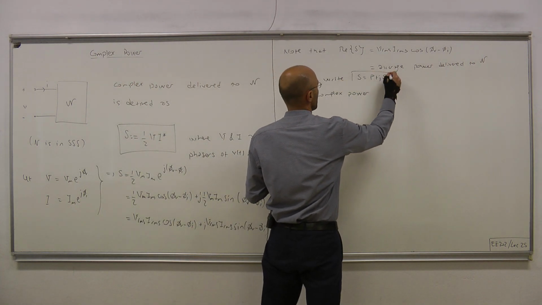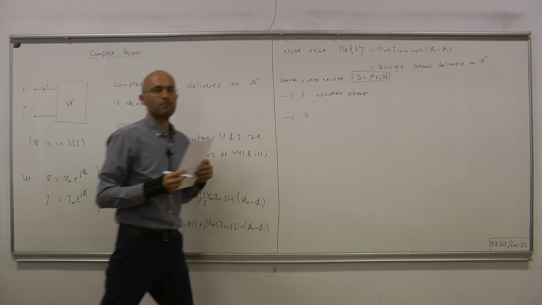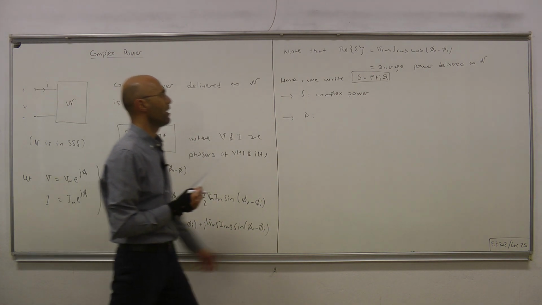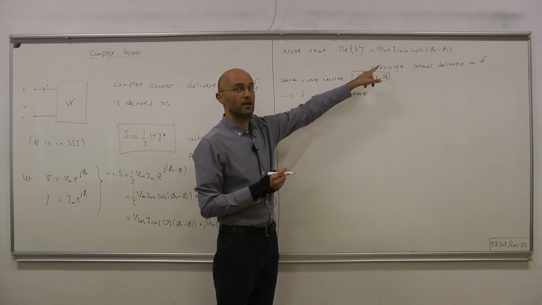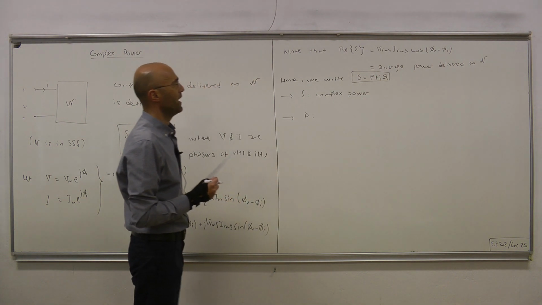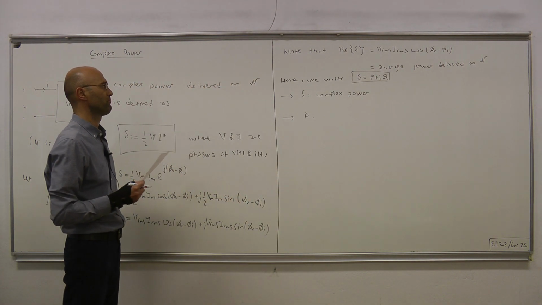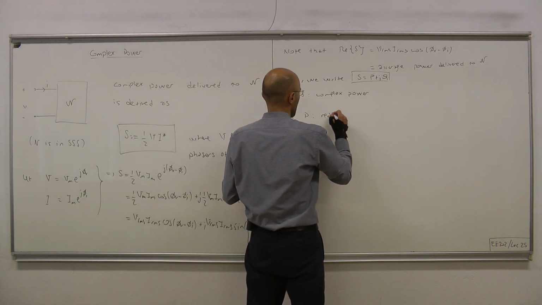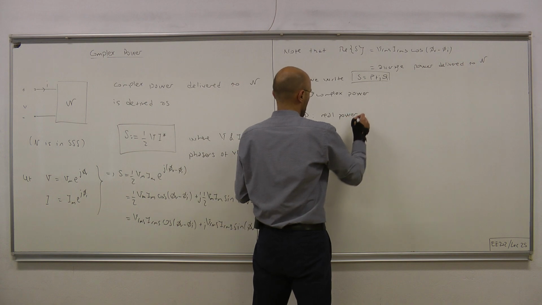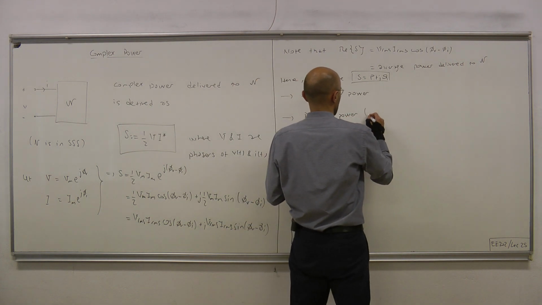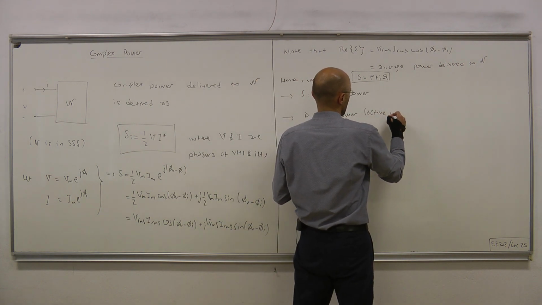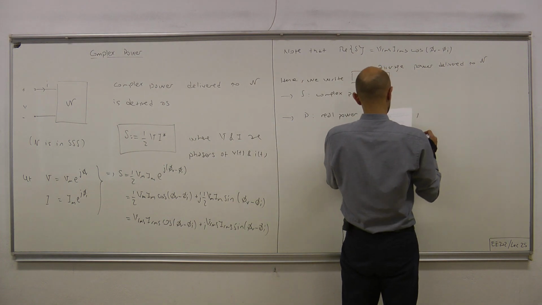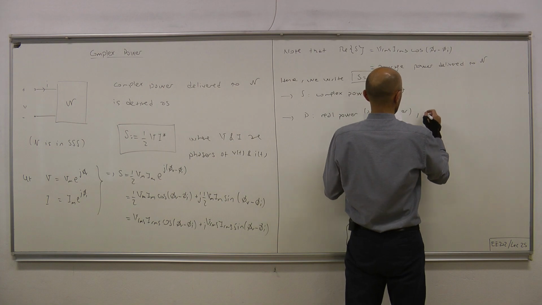When we write the complex power in rectangular form, we're going to indicate the real part by P, motivated by that observation, and the imaginary part by Q. Now S is the complex power, P is the real power, sometimes called active power. And this is measured in watts.